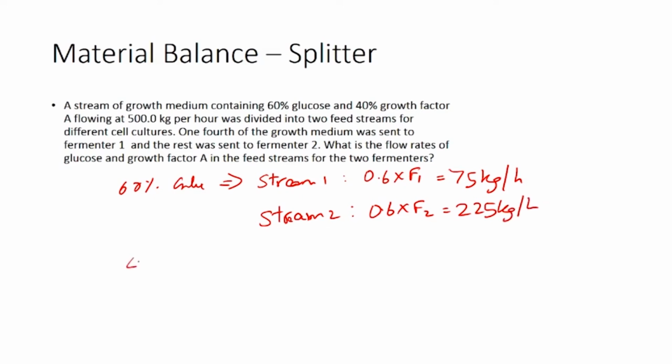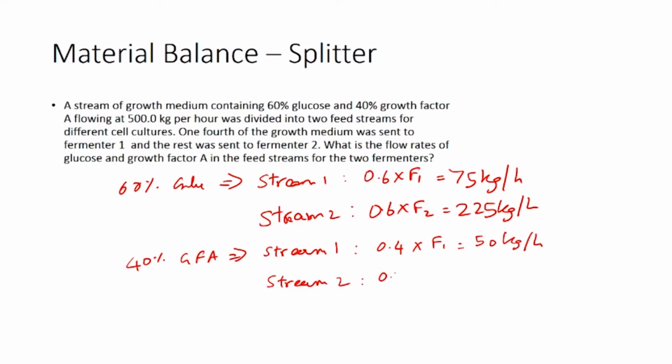So, 40% of these streams contains growth factor A, which implies stream 1 would contain 0.4 times F1, which is 50 kilograms per hour, and stream 2 would contain 0.4 times F2, which is 150 kilograms per hour. With this, our calculations are completed.